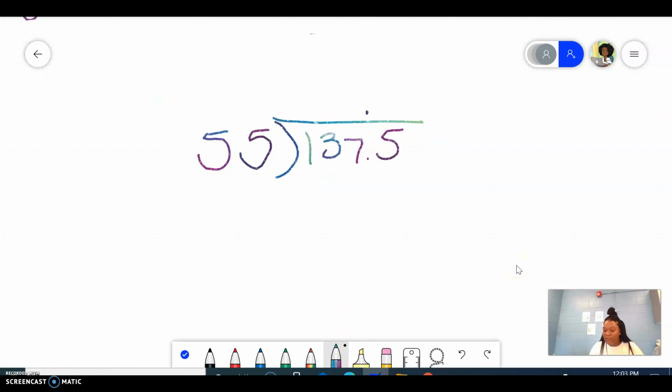Now we have this problem here, and we have to create a think bubble because a lot of times when we're dividing with decimals, we're going to be dividing with multi-digit divisors. That means the number outside of our house won't usually just have one digit. It'll usually have more than one. So over on the side, we're going to have our think bubble space.